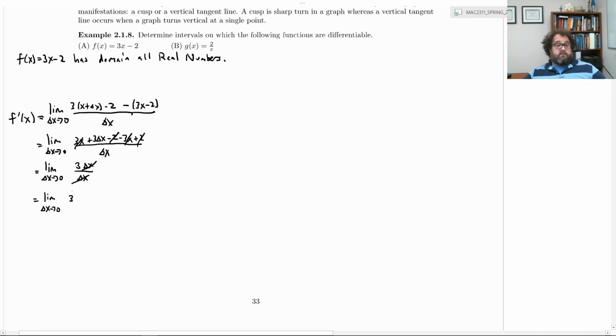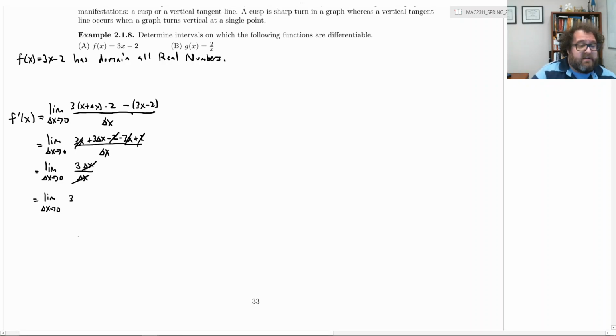Now, this might be a little confusing to you, and I could see where that might be the case. But we have a constant function. Okay, 3, it's constant. We're taking the limit as delta x goes to 0. And we have a property of limits that says, hey, if you're taking the limit of a constant function, then your limit is just always equal to that value, whatever that constant is.